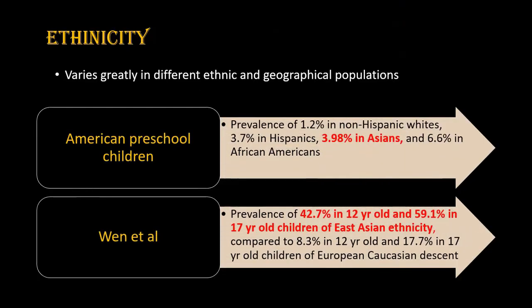According to a study in American preschool children between 6 months and 6 years, prevalence of simple myopia is more common in African Americans, around 6.6%, followed by Asians, 3.98%. According to Wen et al., prevalence is 6-fold more in 12-year-olds and 3-fold more in 17-year-olds when compared to European Caucasians. East Asian ethnicity has more prevalence of myopia.